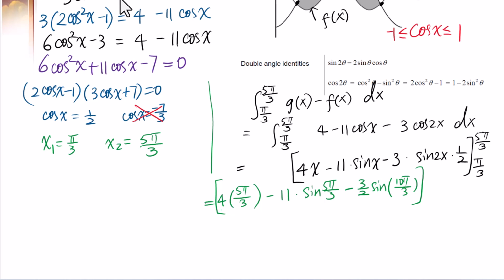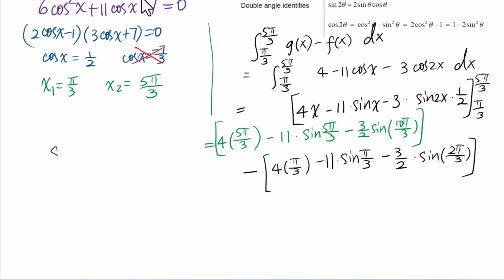Then minus, 4 times pi over 3 minus 11 times sine pi over 3 minus 3 over 2 times sine 2 pi over 3.